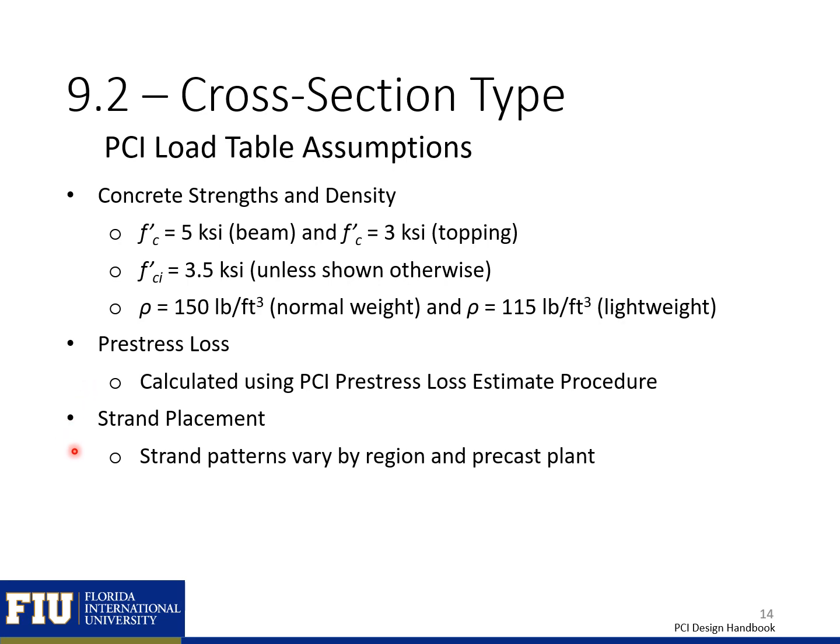And the strand location, approximate values are shown in the tables, but the actual strand patterns are based on the region and also specific precast plants. So whenever you're designing these members, you should always coordinate with your precast plant to make sure that you have the exact strand locations for your design.